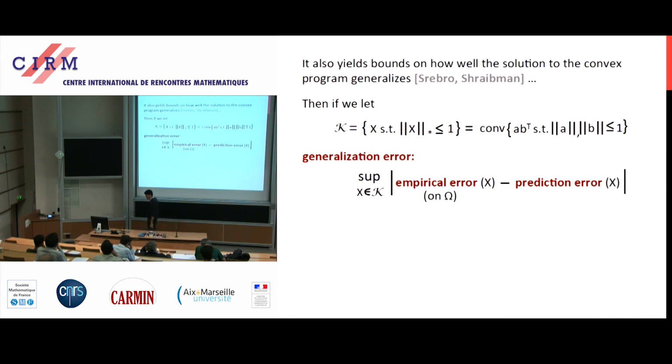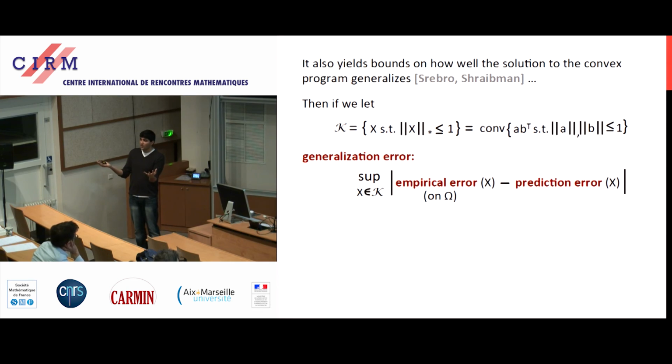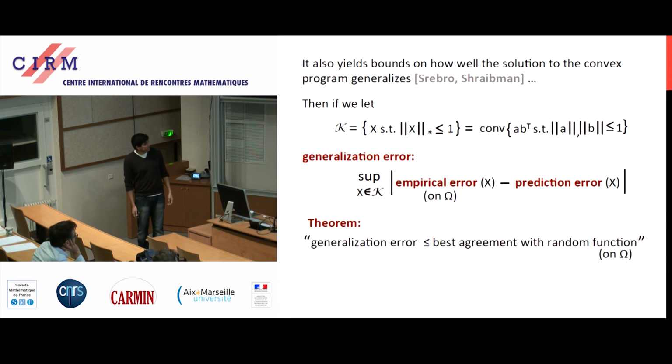Here's the crucial idea, which I'm going to say informally, the main crux of statistical learning theory: the way that you can bound the difference between the empirical error and the prediction error, what you've observed as the error and what the true error is, depends on how well your hypothesis class agrees with a random function.